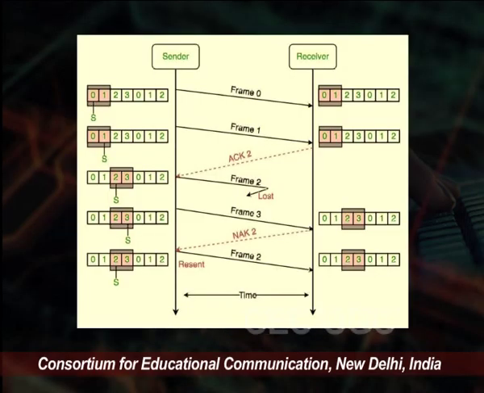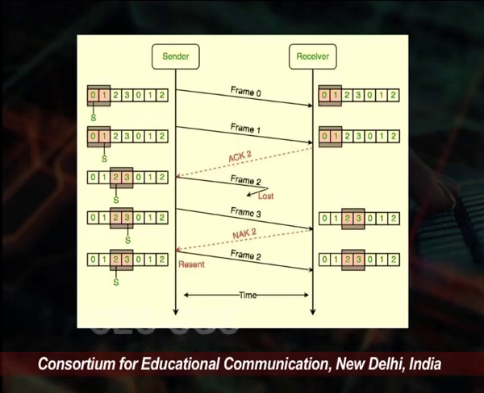And here is a figure describing this. In this you can see there is a sender window, and on another side you have a receiver window, and hence these are known as sliding window protocols. There is frame 0 which is received at the receiving end, then there is frame 1, and the acknowledgement of frame 1 is received, while frame 2, when sent, is lost on the way, and hence obviously there is no acknowledgement corresponding to this frame 2, or we can say there is a NAK.